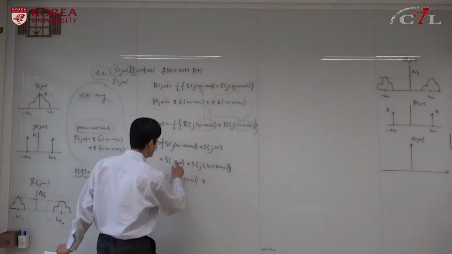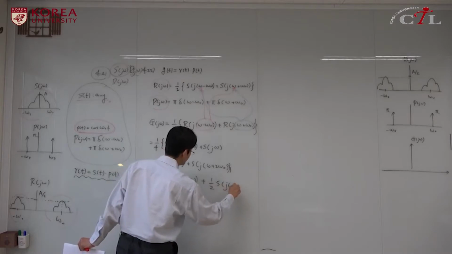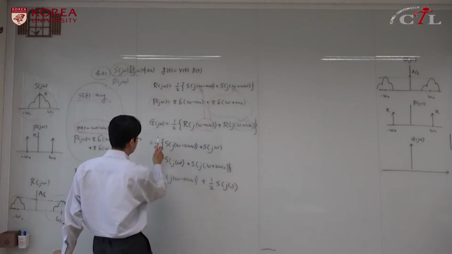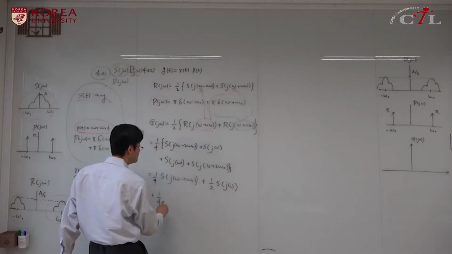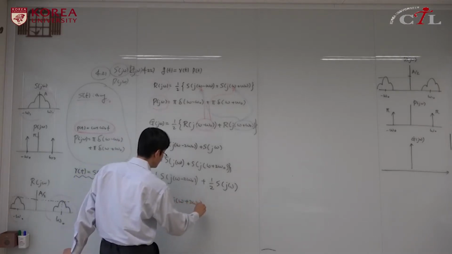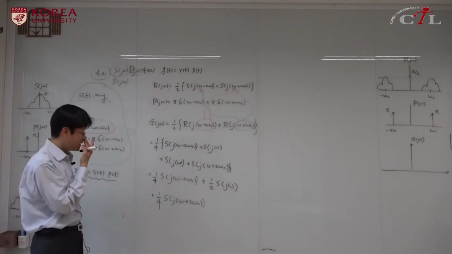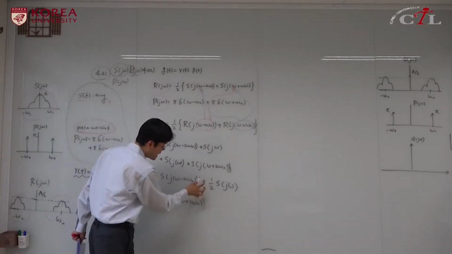And this is 2S. So it's half S(jω) plus 1 by 4 S(j(ω + 2ω0)). Okay. Then, if I draw it, it's half.